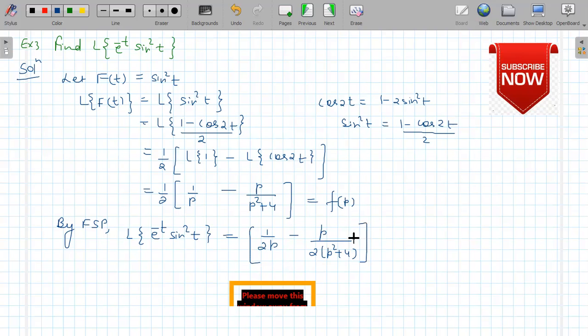This whole expression is F(p), and here p is replaced by p plus 1. We can leave it as it is, or we can replace p by p plus 1 and write the expression again. So this is 1 upon 2(p plus 1) minus (p plus 1) upon 2 times (p plus 1) whole square plus 4. This is the answer.